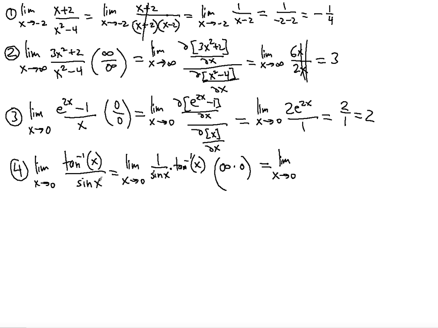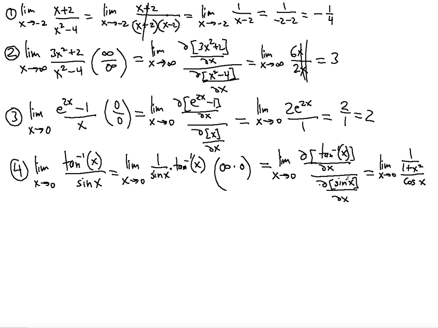So if we use the derivative, let's take the derivative of the original. We would have the derivative of arctangent of x with respect to x divided by the derivative of sine x with respect to x. So that would give us the limit value, as x approaches 0, of 1 over 1 plus x squared, over cosine of x.